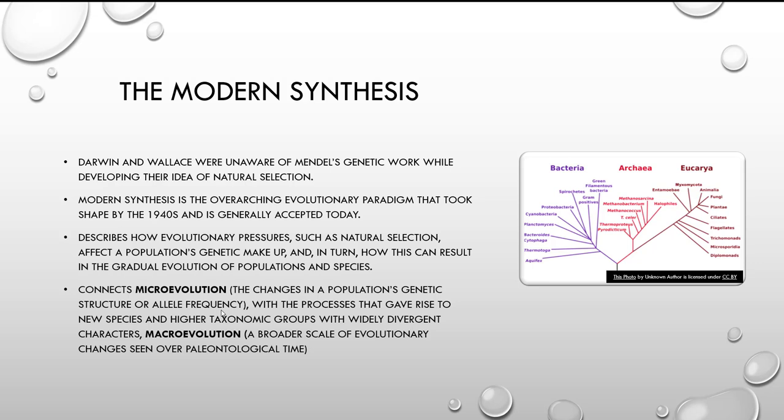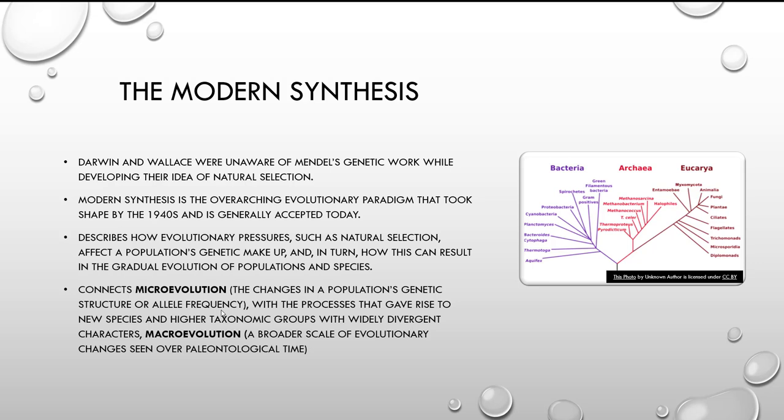So if we take a look at the alleles, remember, going back to Gregor Mendel and his garden peas, looking at the percentage that are heterozygotes versus homozygous dominants versus homozygous recessives within a population, we call that microevolution, by the way. So the changes in a population's genetic structure or allele frequency, we can apply that to natural selection.